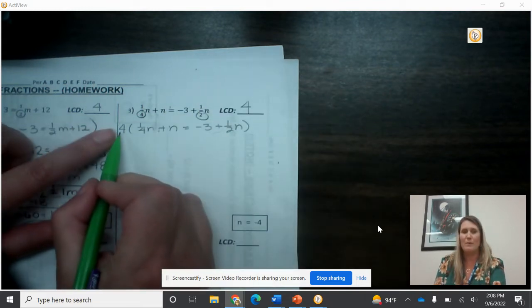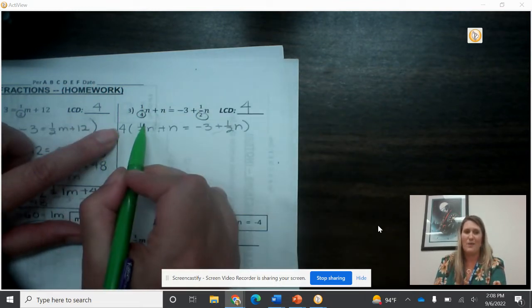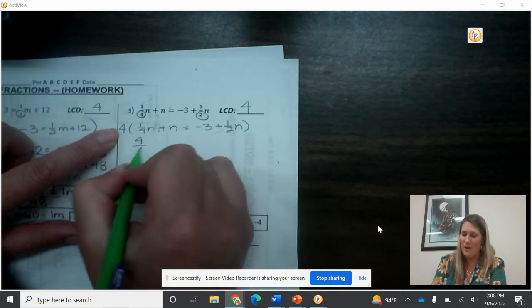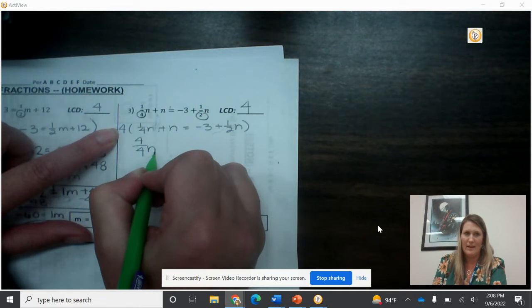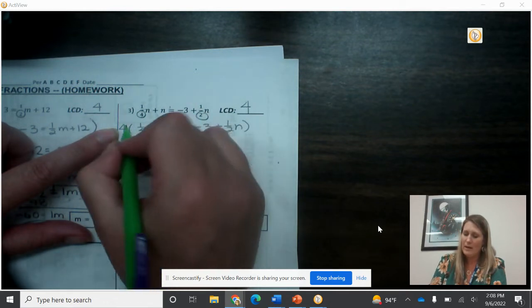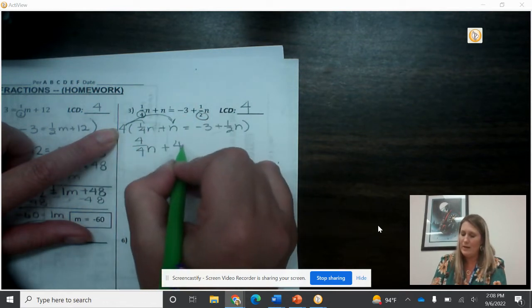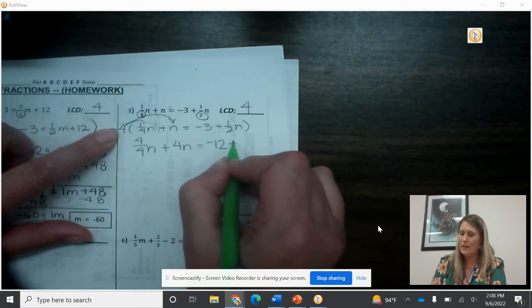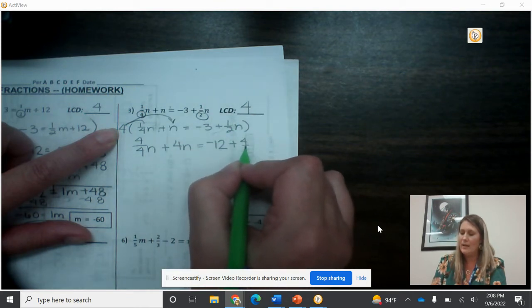Okay, and now let's multiply 4 and 1, and it's just going to be 4 over 4, n. 4 times n is 4n. 4 times negative 3 is negative 12. And this is 4 halves n.